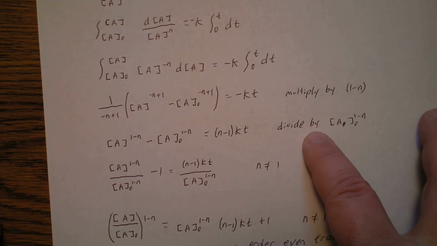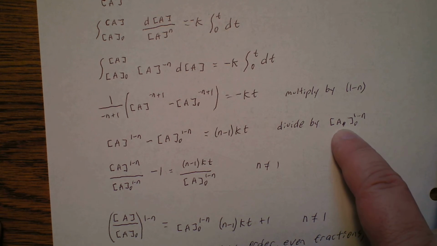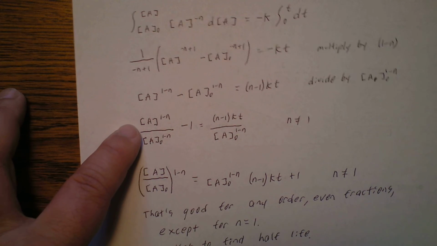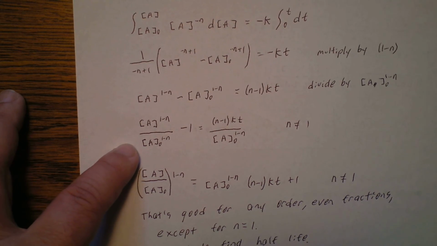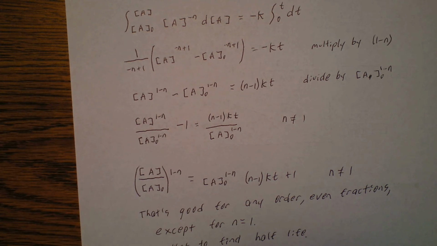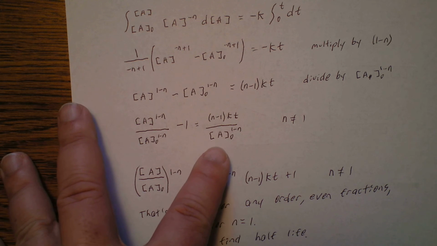Now we're going to divide by the initial concentration of A to the 1 minus n power. So we get the concentration of A to the 1 minus n power divided by the initial concentration of A to the 1 minus n power, minus 1, and that's equal to n minus 1 times kt divided by the initial concentration of A to the 1 minus n.